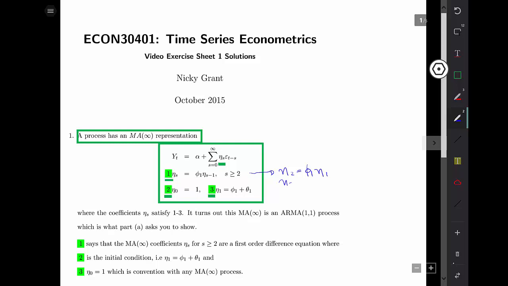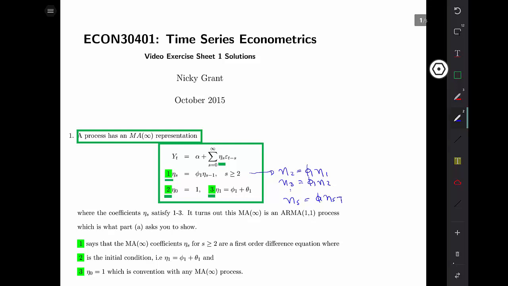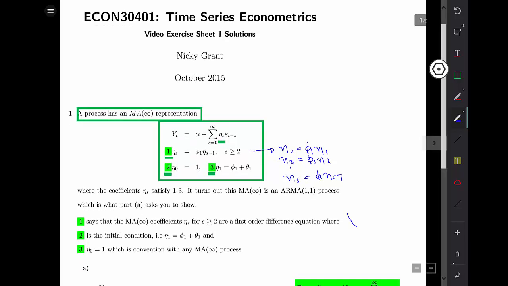Then going again at psi 3, we're going to get phi 1 psi 2, etc. For any s greater than or equal to 2. Okay? So it just says we've got some MA infinity process and the coefficients in the MA process satisfy conditions 1, 2 and 3. This just reiterates what I said above.